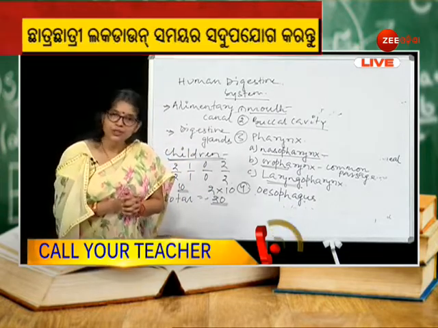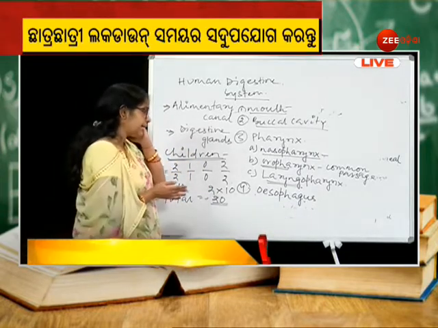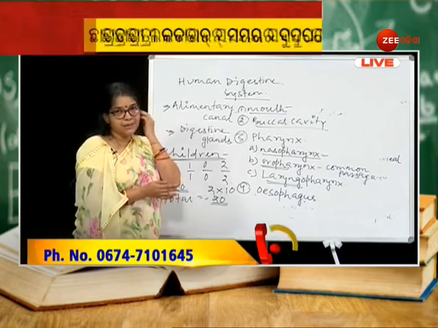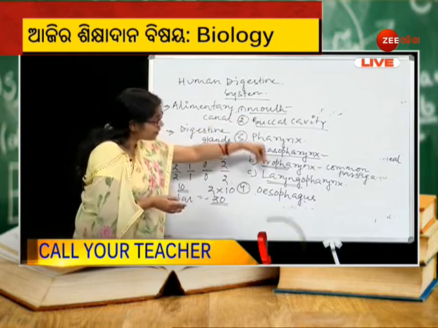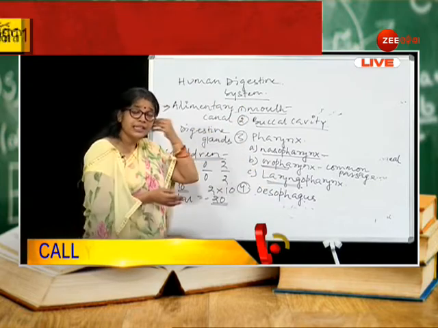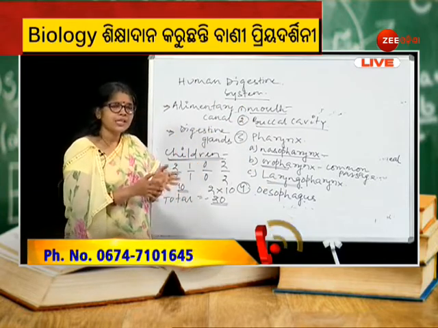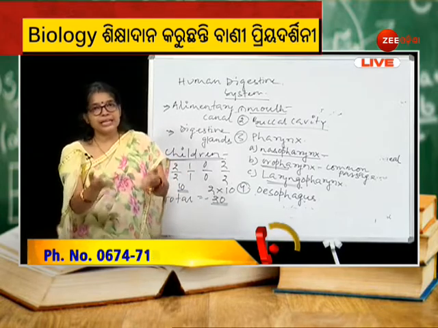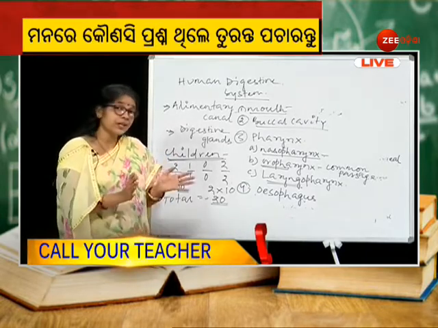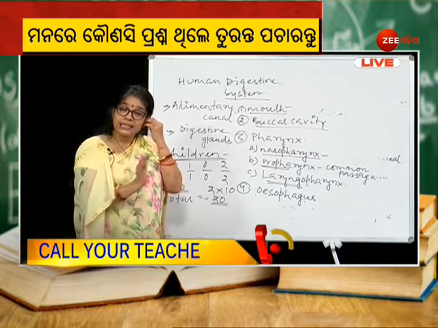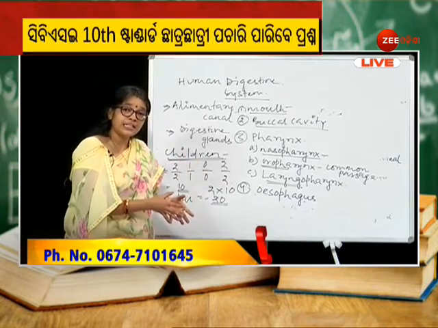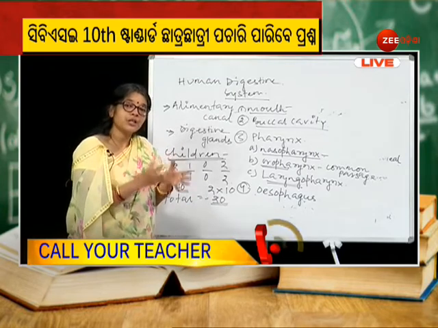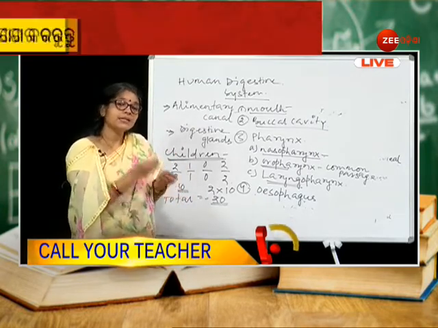So what are the muscular structures lining the esophagus? They may be longitudinal or circular. When the food enters the esophagus, its only function is to push the food to the next part of the alimentary canal, because it never secretes any enzymes involved in digestion. So its only function is transportation.